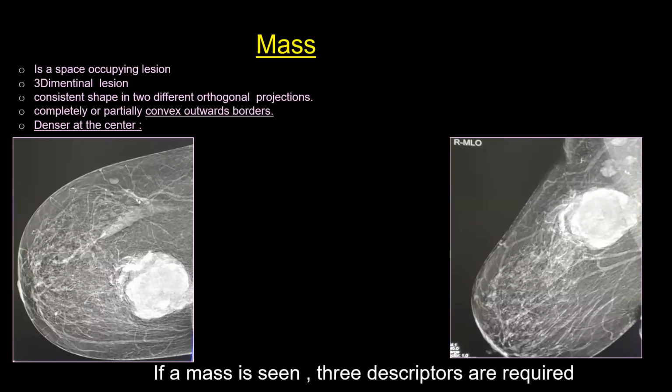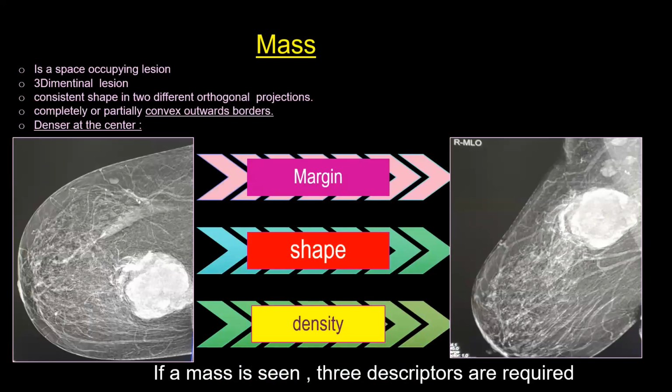If you have seen a mass, there are 3 main descriptors required to evaluate it. What are these descriptors? The shape, the margin, and the density. Excellent. The 3 descriptors are margin, shape, and density. What do you suggest to start with? It's better to start with which one? Margin. Shape.